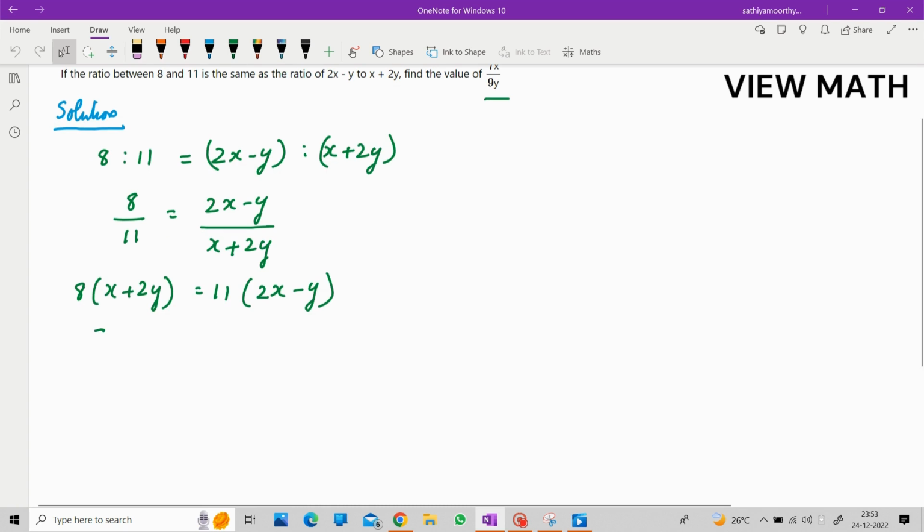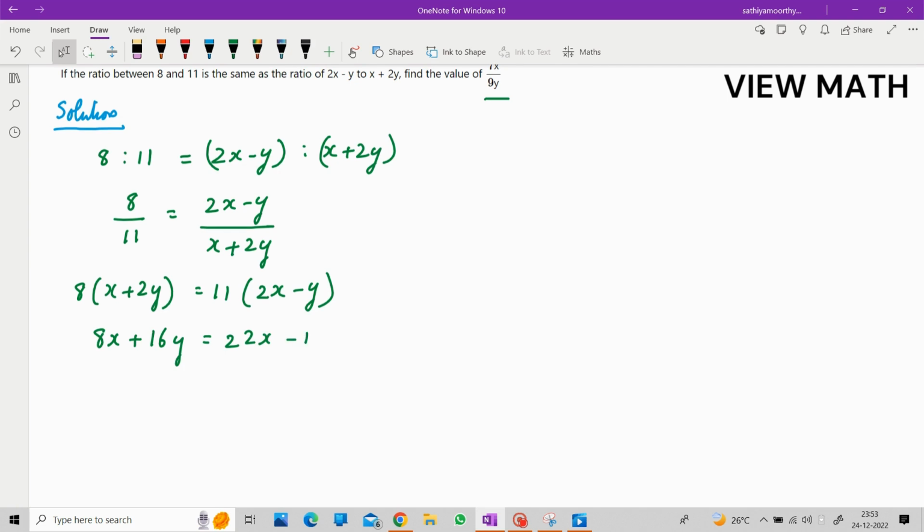I'll be getting 8x plus 8 into 2 is 16y is equal to 11 into 2 is 22x minus 11y. Let me bring all the terms to one side. 8x plus 16y minus 22x plus 11y is equal to 0.